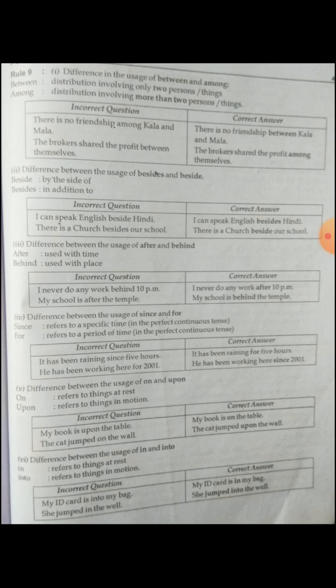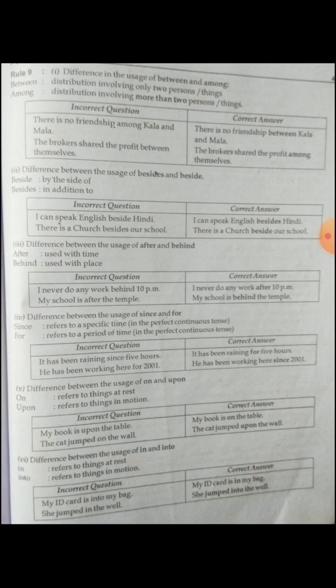Here it is addition, so we have to use besides. There is a church besides our school. So, there is a church beside our school. Only one s is different, but the meaning is totally changed. So beside is by the side of, besides is in addition to.